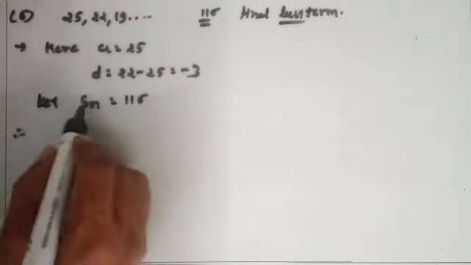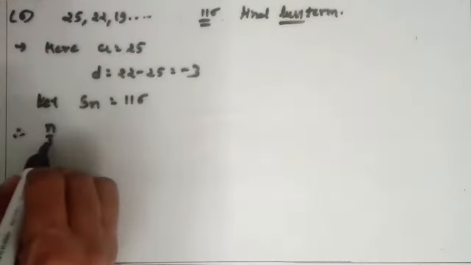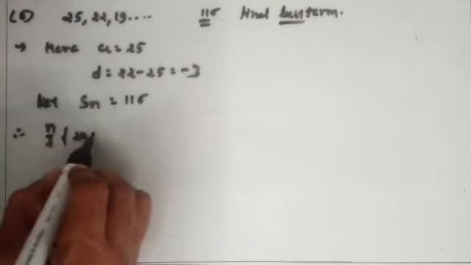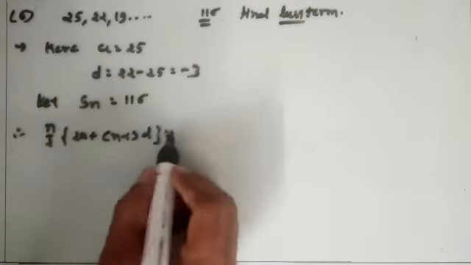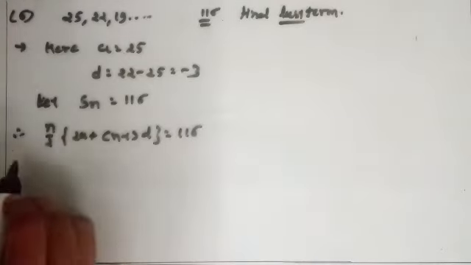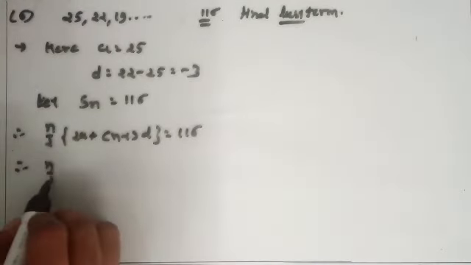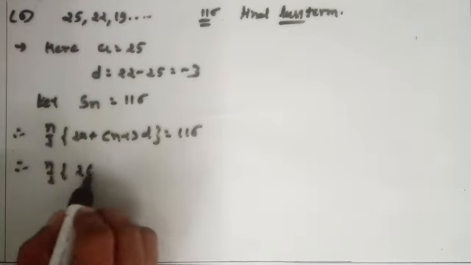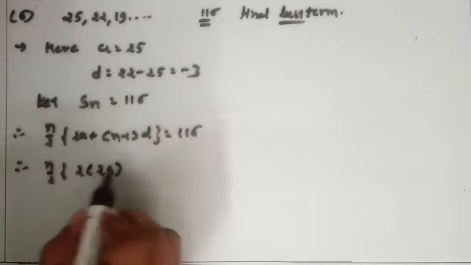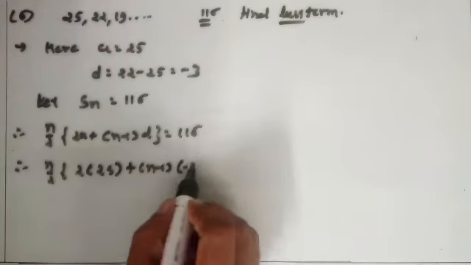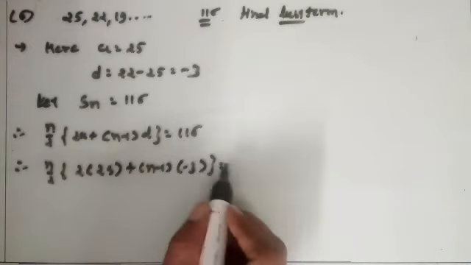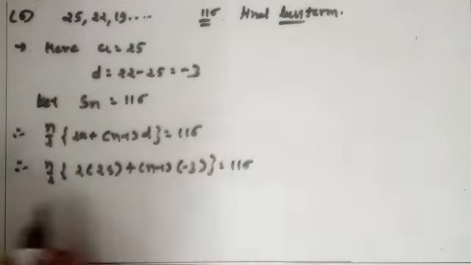Now we know that the sum of n terms is n by 2 into 2A plus n minus 1 into D is equal to 116, given. Therefore n by 2 into 2A, A is 25, plus n minus 1 into D, D is equal to minus 3, is equal to 116.